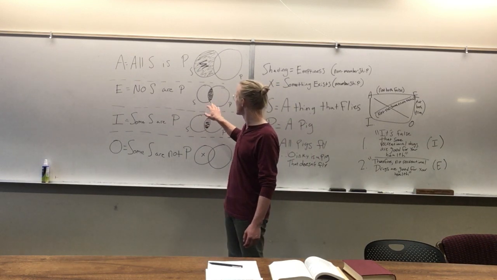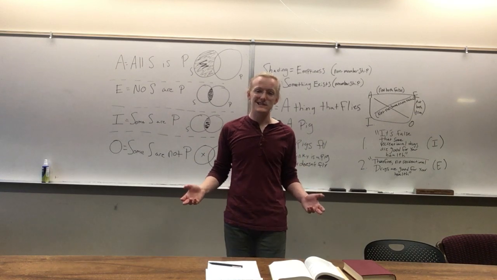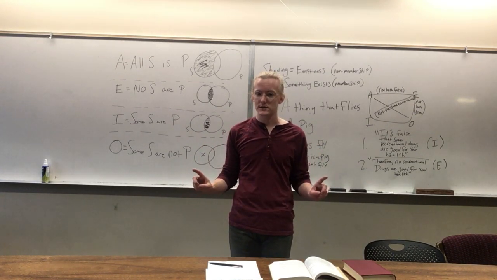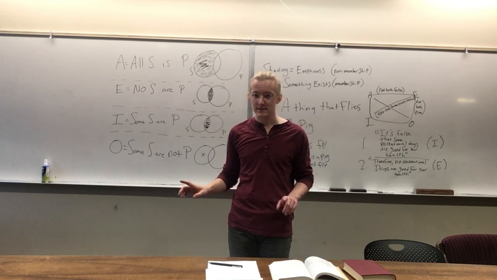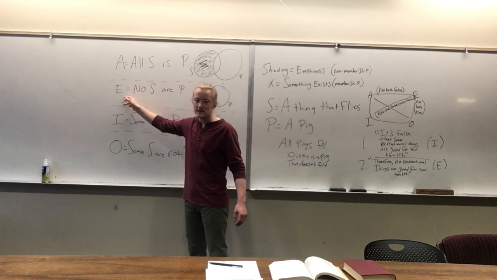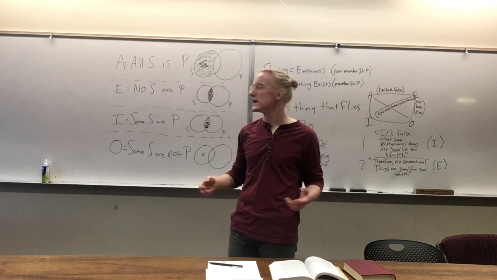And likewise, we will shade for negative universals too. So take this as an axiom. When you see a categorical statement and you're doing Venn diagrams, and the categorical statement is a universal A or E statement, we're going to be doing shading. So universal statements require shading.